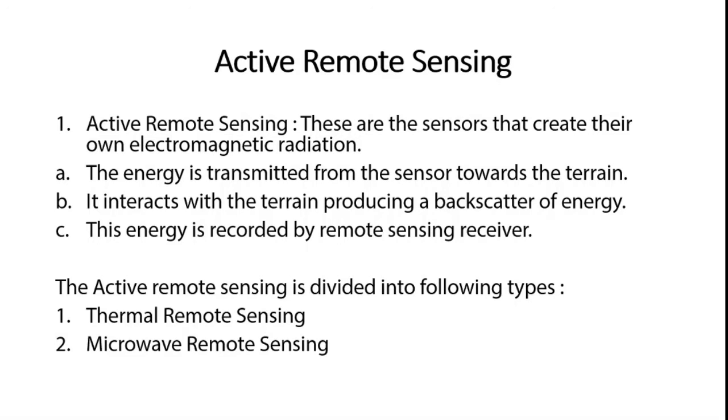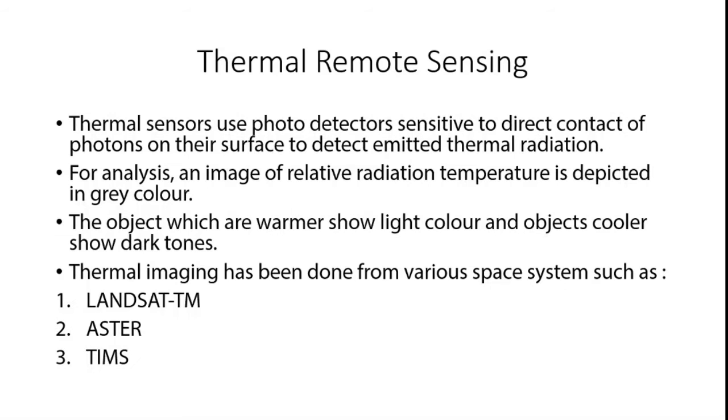So the energy which is backscattered is captured by the sensors, and then the image is captured properly. The most widely used active remote sensing techniques are radar, lidar, or sonar. Active remote sensing is divided into thermal remote sensing and microwave remote sensing.